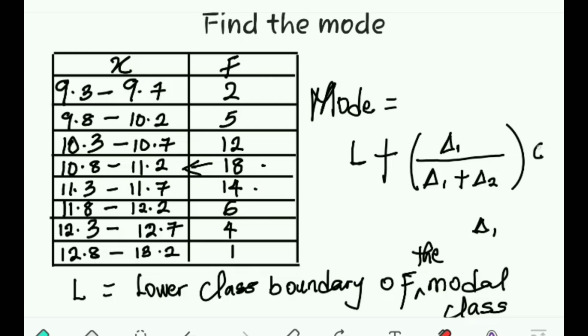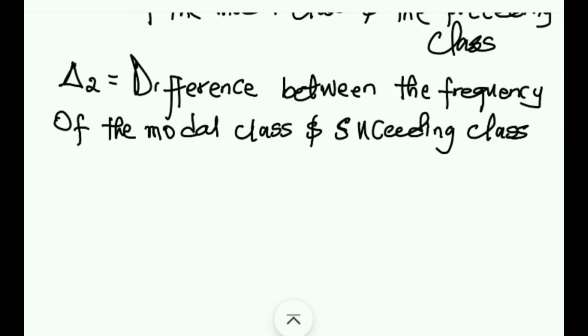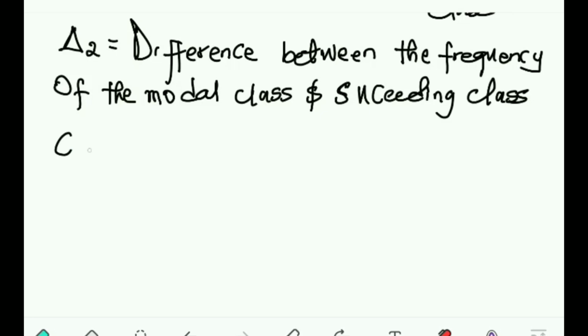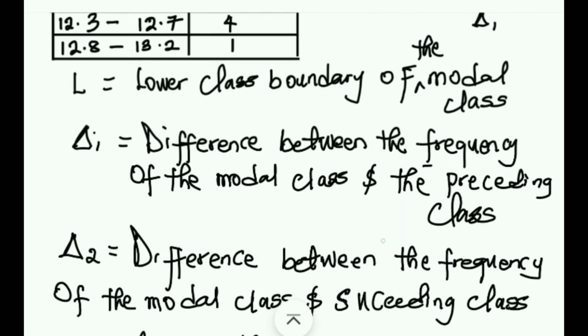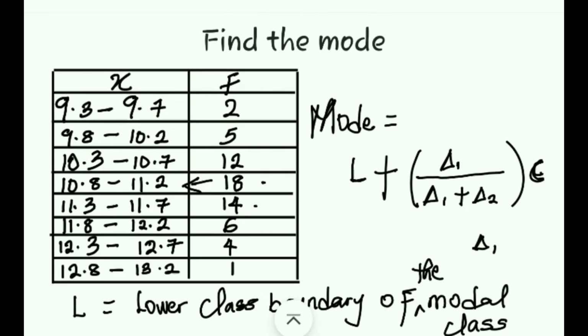And C here represents the class width. So let's get each of these values and then we can substitute in the formula.